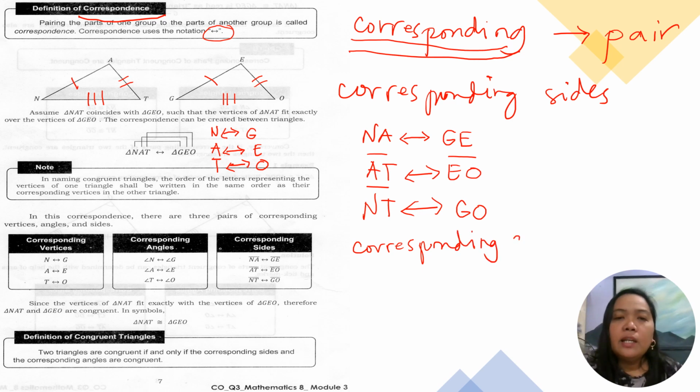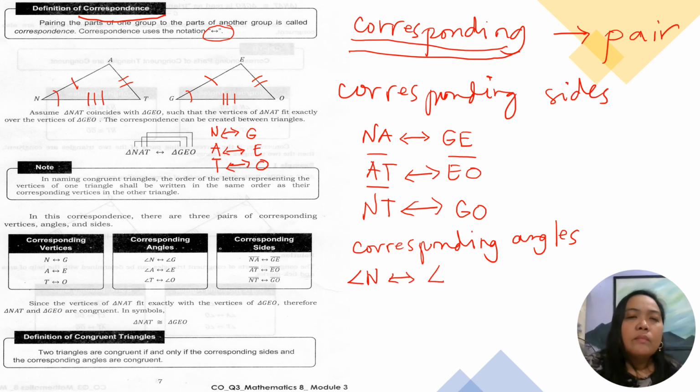The corresponding angles there are, of course, angle N here, which corresponds to angle G. So we can write angle N corresponds to angle G.